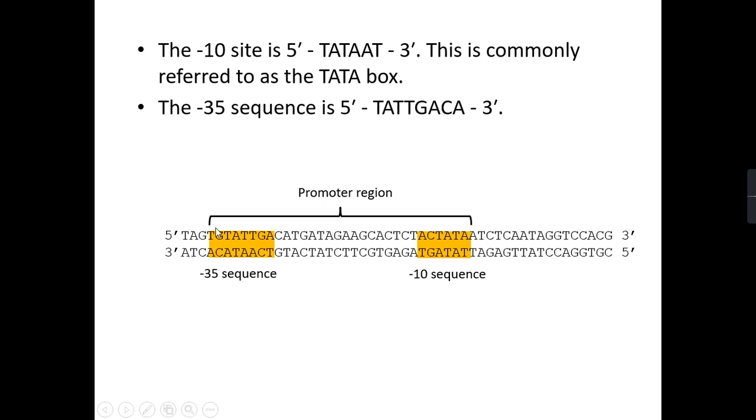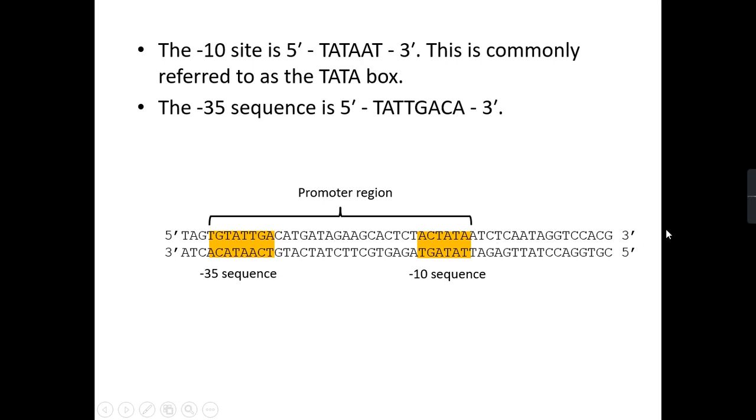From this side, this region and that region, the promoter would recognize and bind to cause the DNA to unwind for the initiation of transcription to occur at the +1 site of the DNA, or downstream of the promoter.